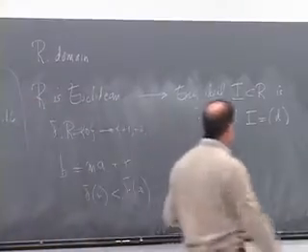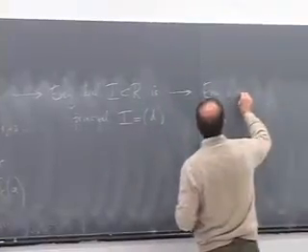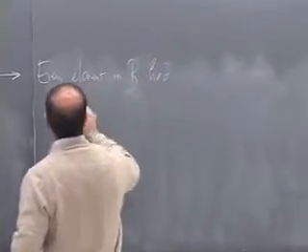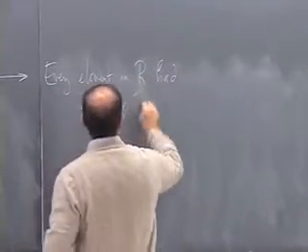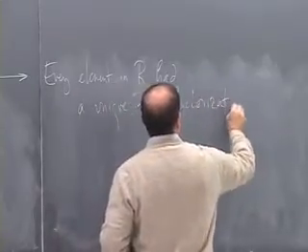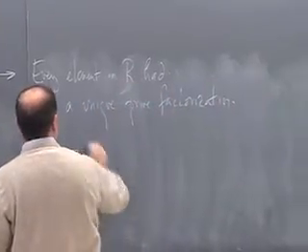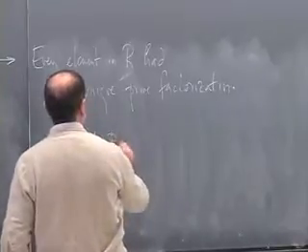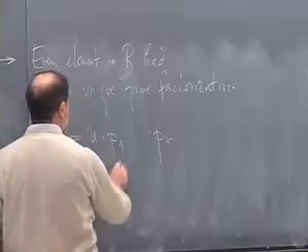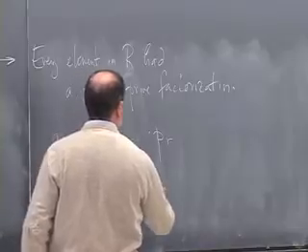And that implied that every element in R had a unique prime factorization, namely an element A in R could be written as a unit times a product of elements in R where these are prime elements, primes in R, and this was a unit.